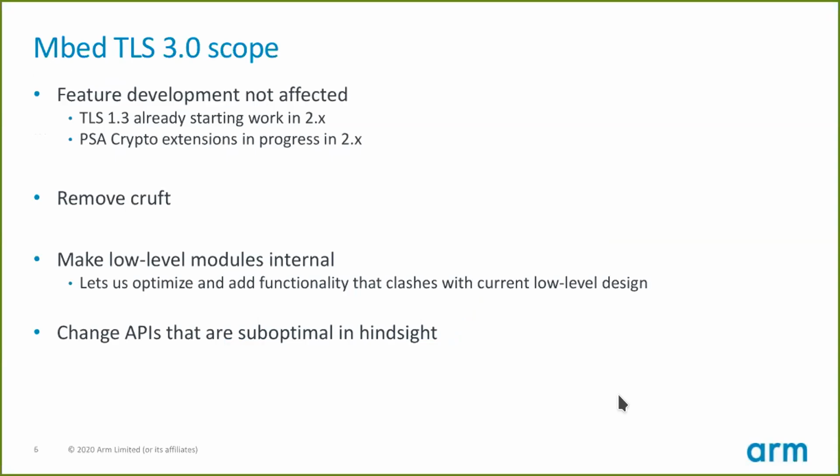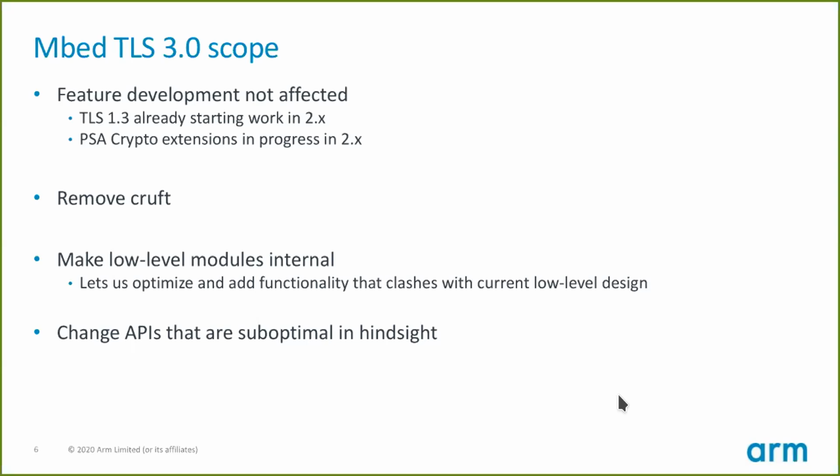Once again, switching the version number to 3.0 is not about new major features. We are not planning to introduce any major feature in 3.0 as opposed to the last 2.x release.